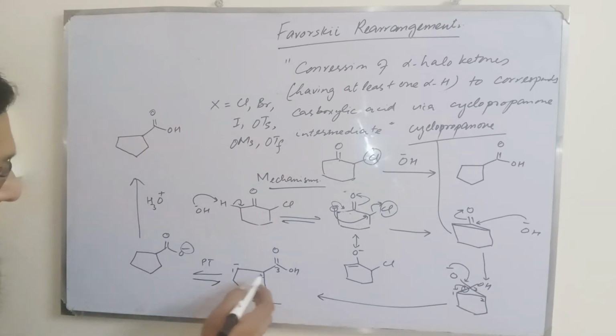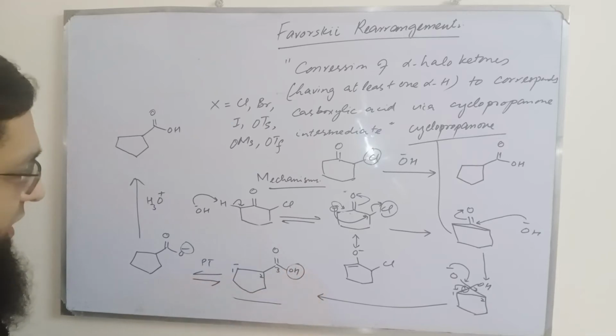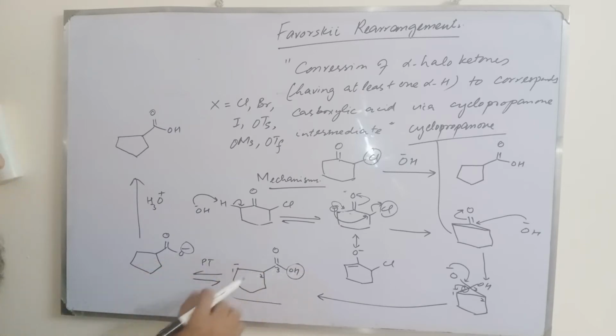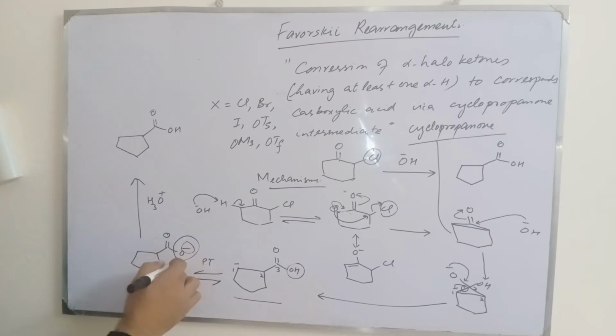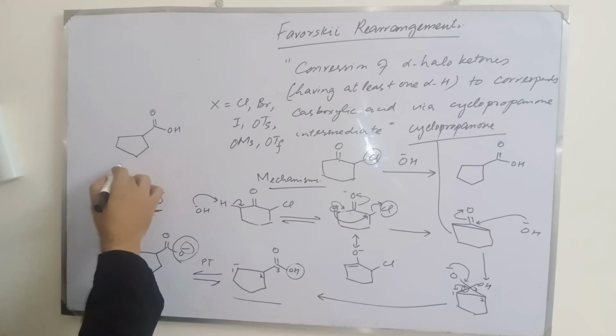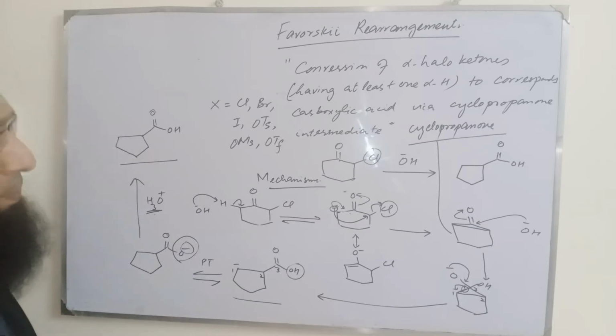In the next step, proton transfer reaction may occur because this is acidic in nature and can donate proton. So this can get proton from carboxylic acid, and eventually the carboxylate anion would be protonated by acidic water, and we will get the carboxylic acid as the product. So this is the mechanism of Favorskii rearrangement, and now we see some further details of this rearrangement.